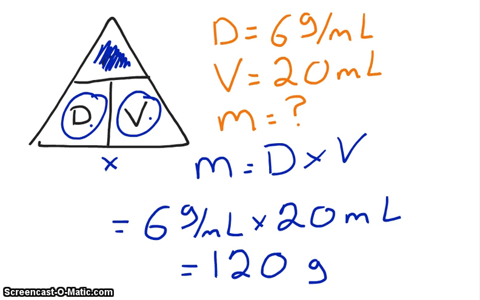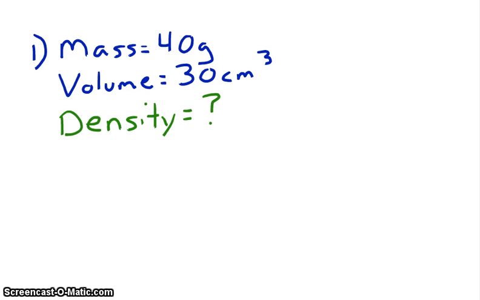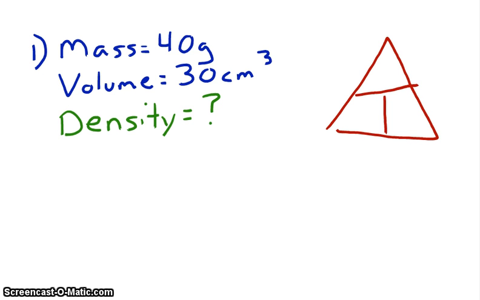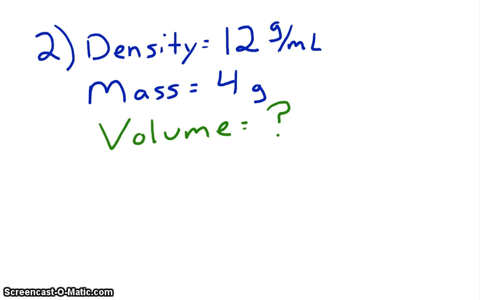Alright, now you're going to do some on your own. For these next problems, you need to make your own density triangle. I'm not going to do it for you. Okay? So just remember to draw your triangle and put your 3 variables in. Pause and do this problem. Here's problem 2.